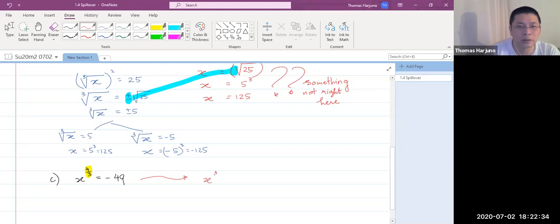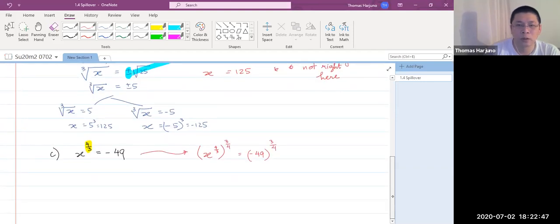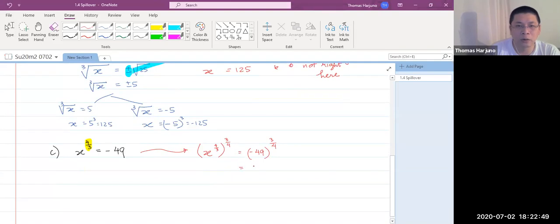But let's see. If I do it that way, x equals -49 to the power of 3/4. Here you will see the fourth root of -49, to the power of 3. This itself is already not a real number.